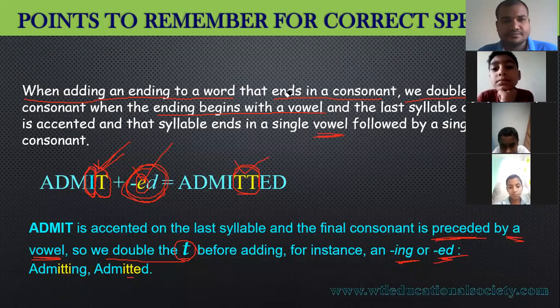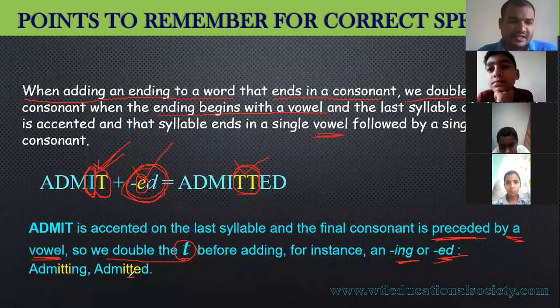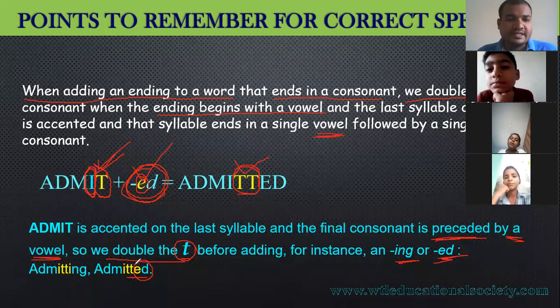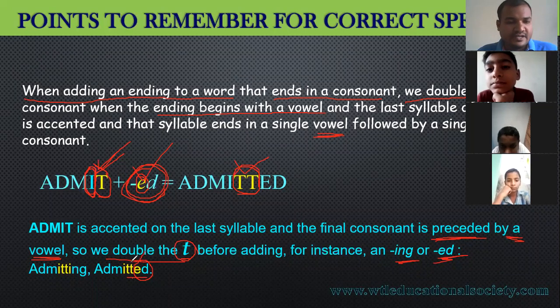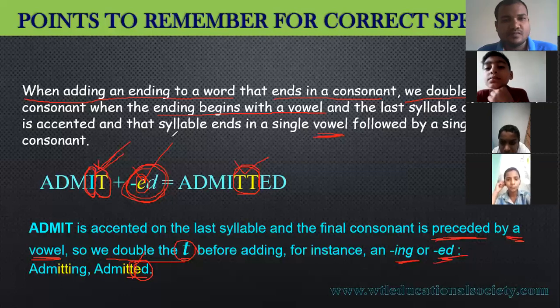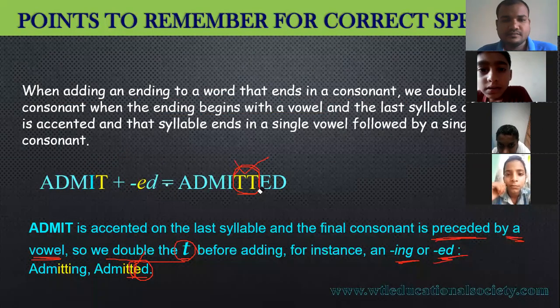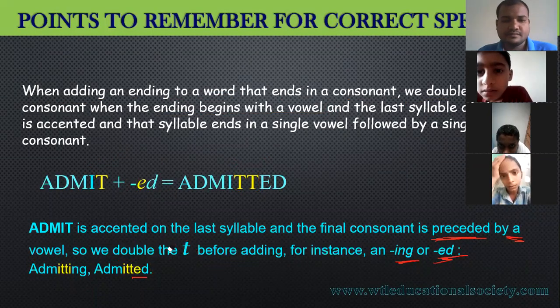The similar way, the word ends with T, and we added the ending ed. Admitted. ed starts with a vowel. That's why we doubled the T. Admitted. Right? Clear? Right. Set.